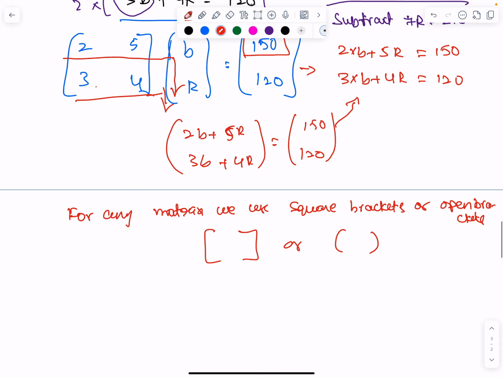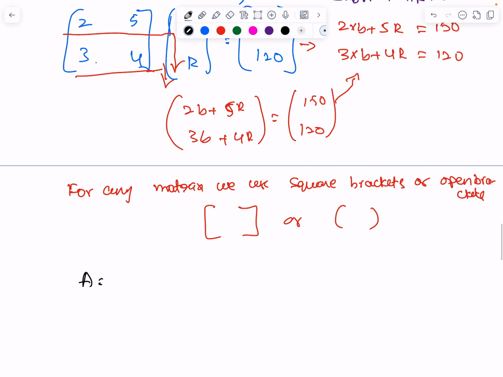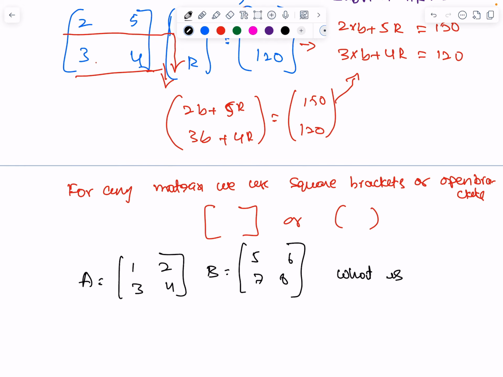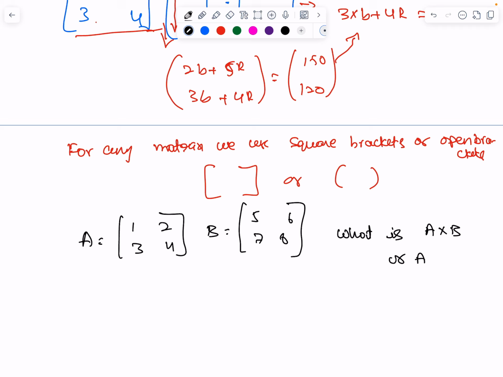Now, after understanding this multiplication, I can give you A is equal to [1, 2; 3, 4] and B is equal to [5, 6; 7, 8]. What is A into B, or you can call it AB. So AB means product. If nothing is there, that means product. A into B is equal to [1, 2; 3, 4] times [5, 6; 7, 8].